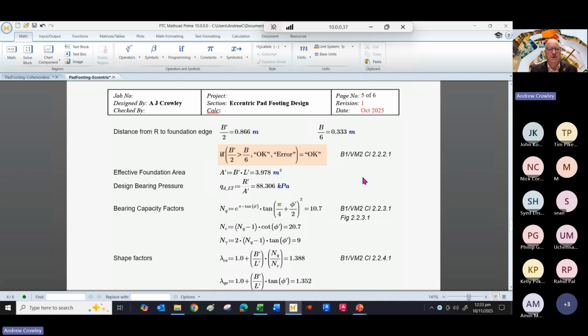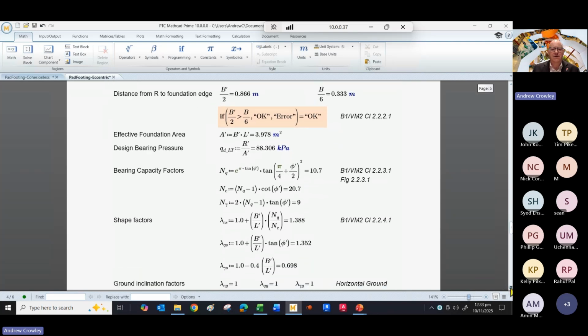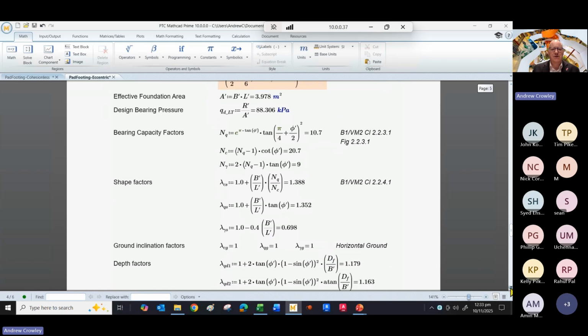And if it's deep enough, you might even get uplift from buoyancy. So we check whether our effective width and our effective lengths are within the middle third. We found that they're good, and derive our effective foundation area and our design bearing pressure based upon the resultant force divided by the effective area.